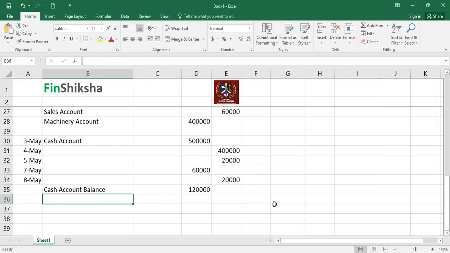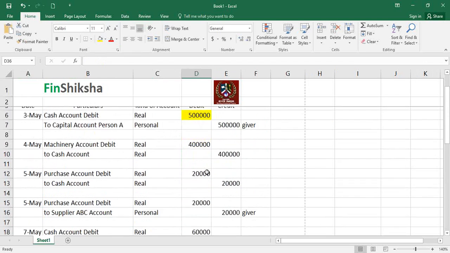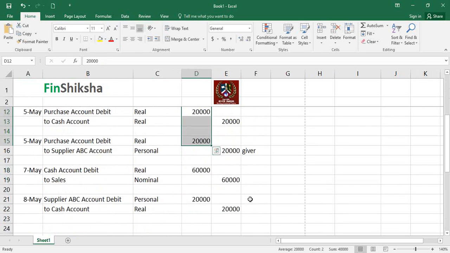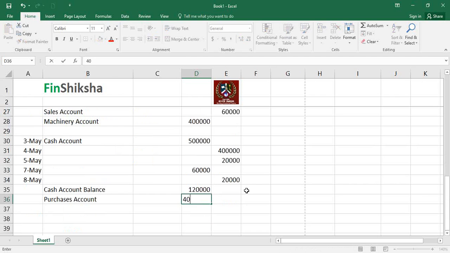So we find 120 of debit in the cash account. Then we have purchases account, which gives us a debit of 40,000.